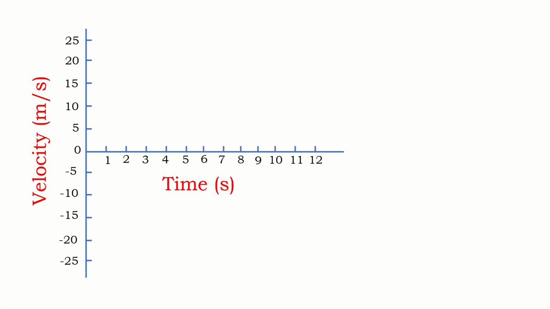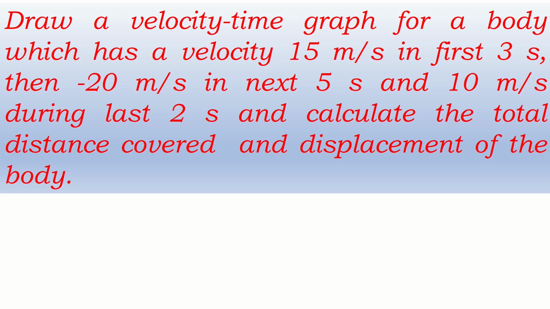On the time axis I have taken 12 seconds because according to the numerical problem we only have to go up to 10 seconds. Okay, let's start. We have to look at the numerical again and plot the graph according to the given information.